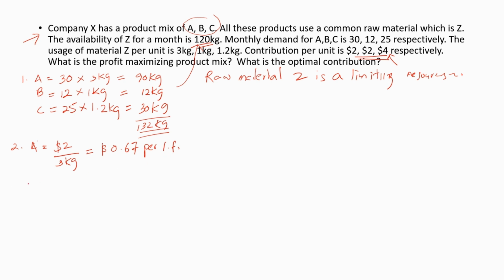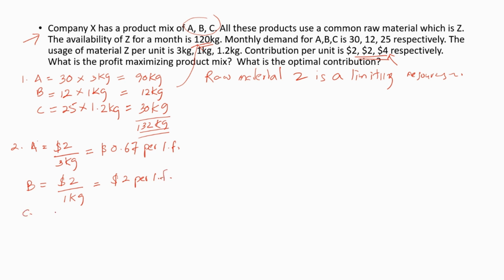Now let's calculate for product B. For product B, the contribution per unit is $2 divided by 1 kilogram. This is because 1 unit of product B is using 1 kilogram of raw material Z. Raw material Z is the limiting factor or the limiting resource. This is equal to $2 per limiting factor.